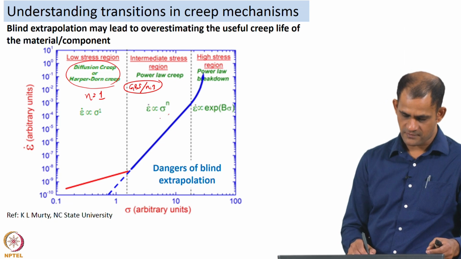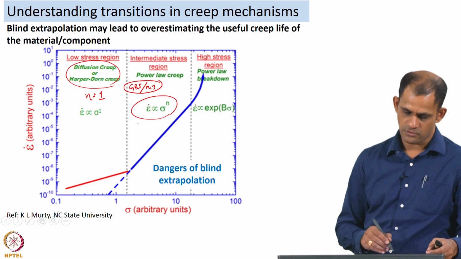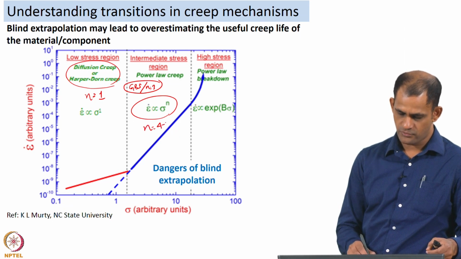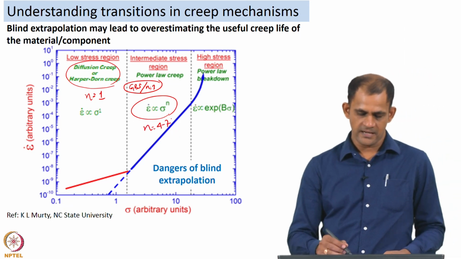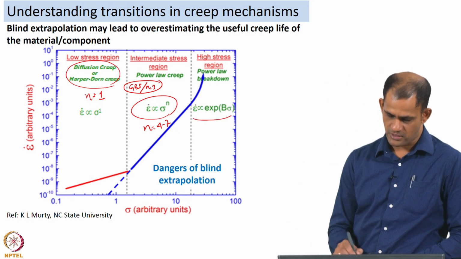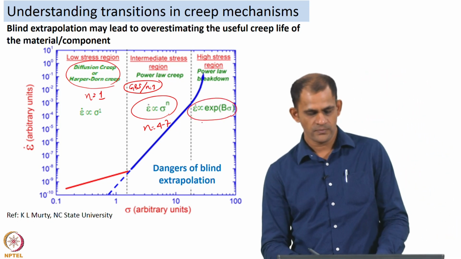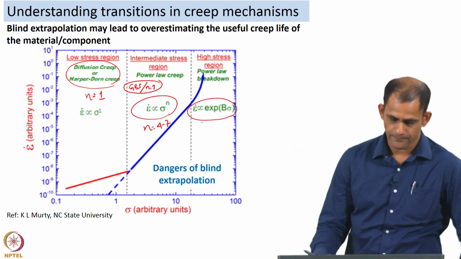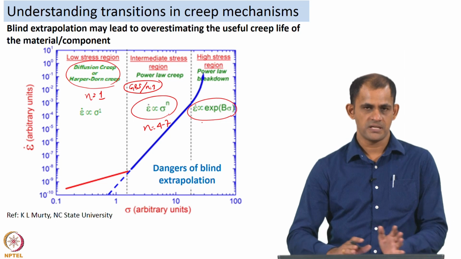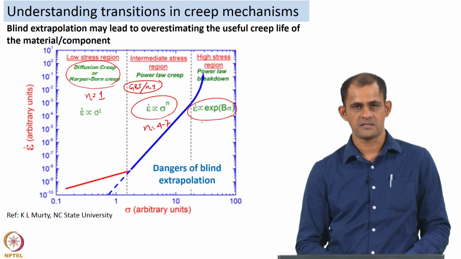Then we said epsilon dot is proportional to sigma to the power n. So, let us say it is power law creep with n equal to 4 to 7, and then at higher stresses you could have epsilon dot proportional to exponent of B sigma. So, basically you are seeing transitions in deformation mechanism.